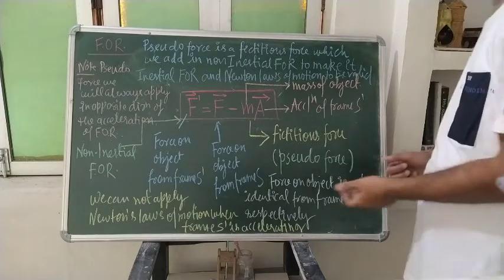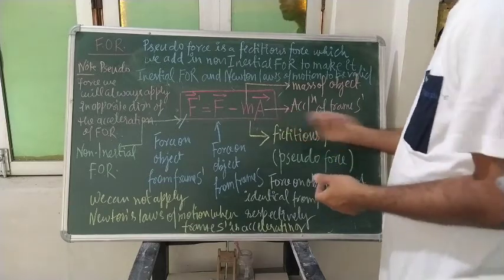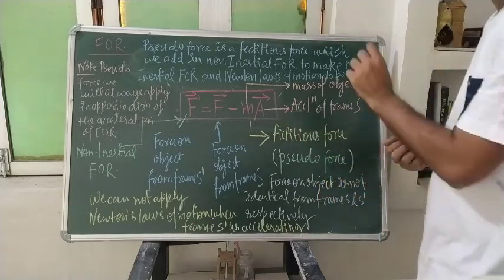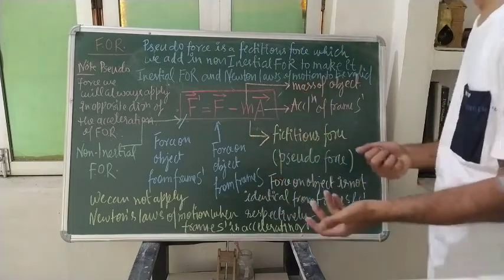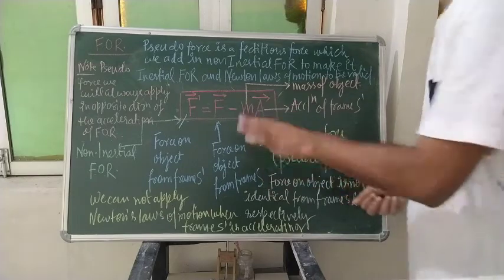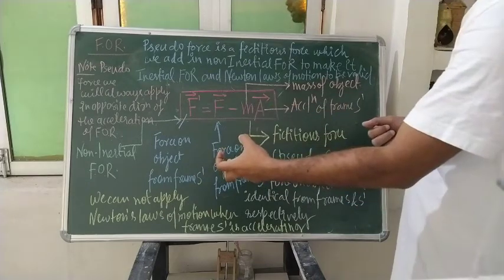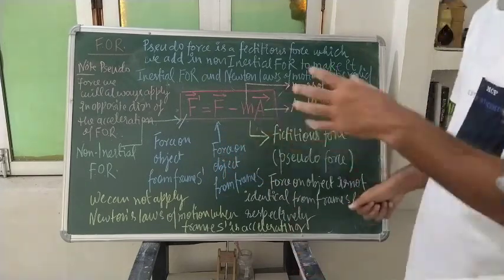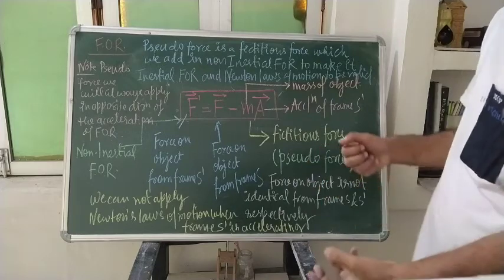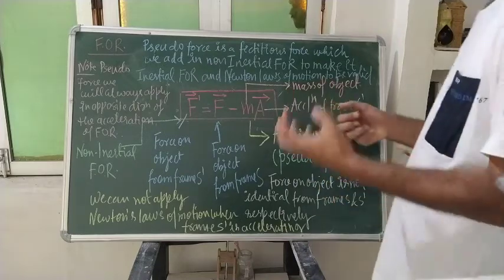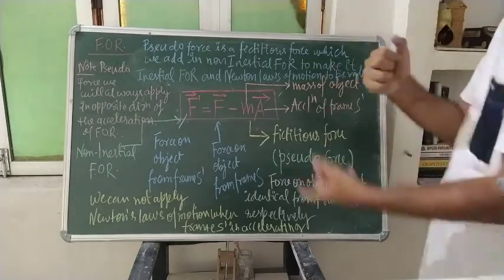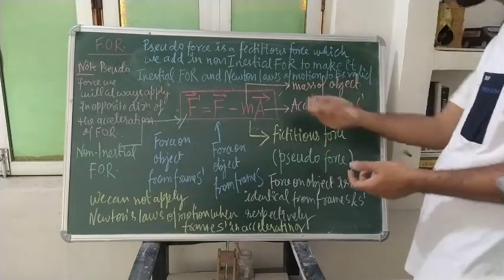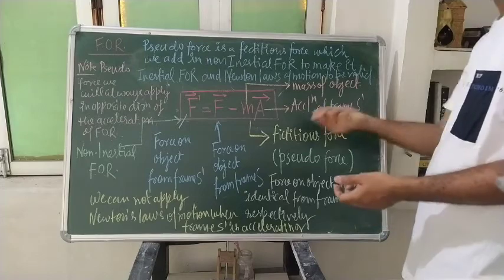An example I have given to you, when that car was moving with certain acceleration, that our pendulum was making certain angle, and we have seen that net force was acting on that, and that will become that non-inertial frame of reference, because that net force was acting there, it was acting T sin theta in this direction.